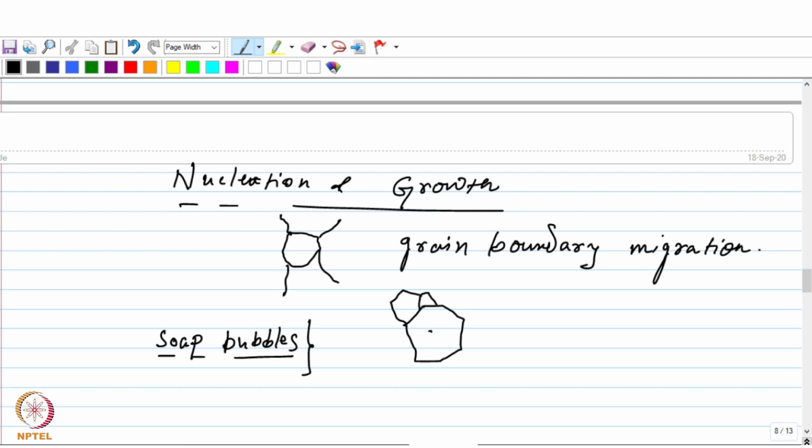Okay, now if you look at the growth of these bubbles as a function of time, you would find that grains having different numbers of sides will form, and the ones having fewer than 6 sides will actually be unstable.